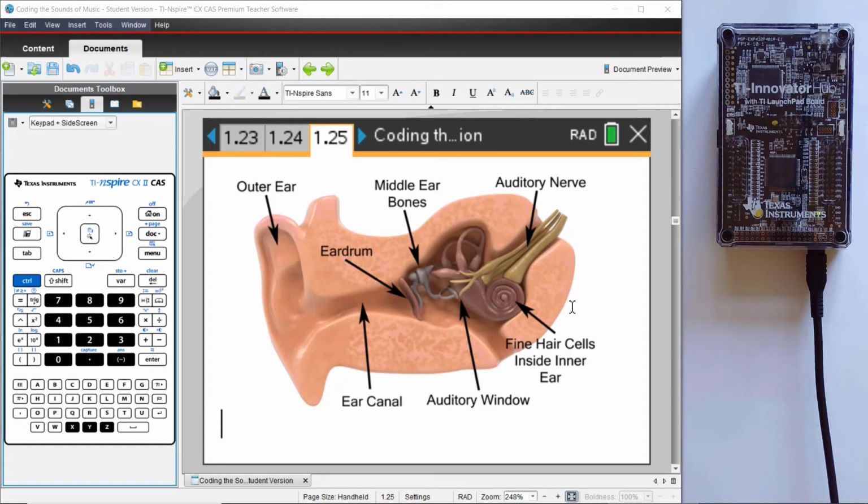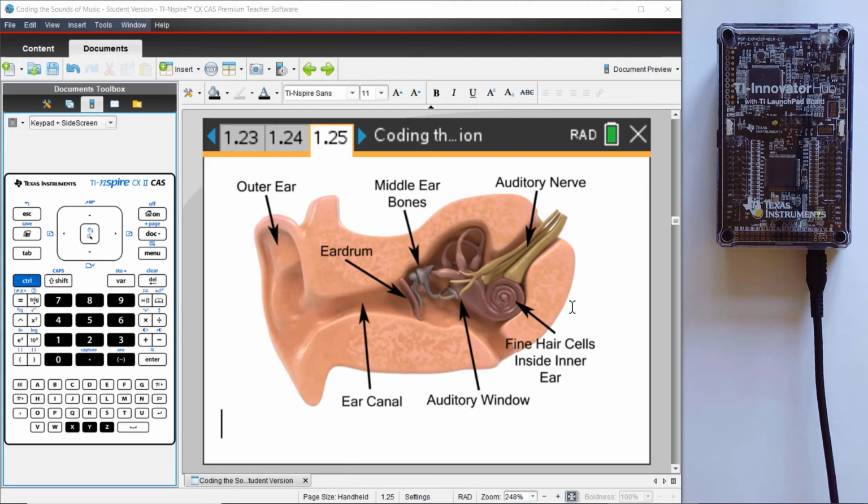As those hairs move back and forth, there is a nerve called the auditory nerve that can detect the motion of those hairs. In fact, if you just try brushing the hair on your arm, you can feel how hairs are sensitive to motion. Cat whiskers are very long hairs that a cat is very sensitive to.